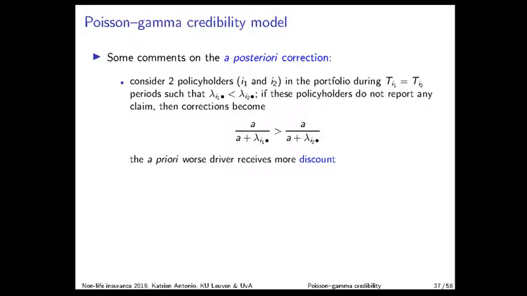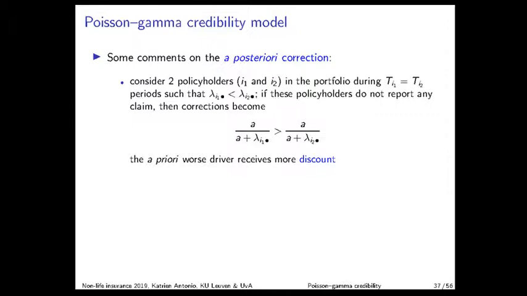So we make sure we follow them during the same number of time periods and in such a way that lambda_i1 bullet, the sum of the a priori premiums paid for driver i1, is smaller than lambda_i2 bullet, the sum of the a priori premiums paid for driver i2. Now this implies that a priori driver i1 is the better risk.